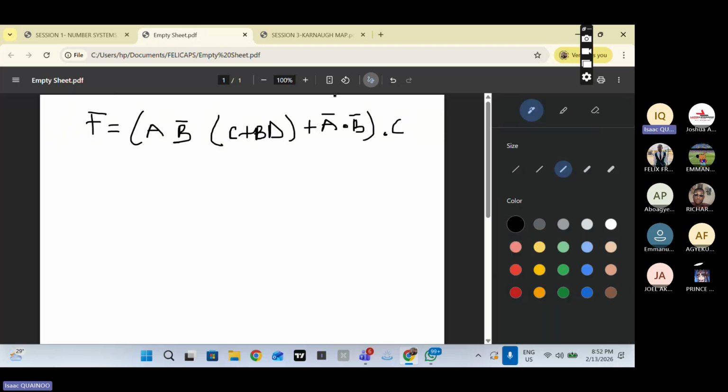So first of all, we can decide to expand this right here, right? So if we are to do that, we would get A, B prime C, right?